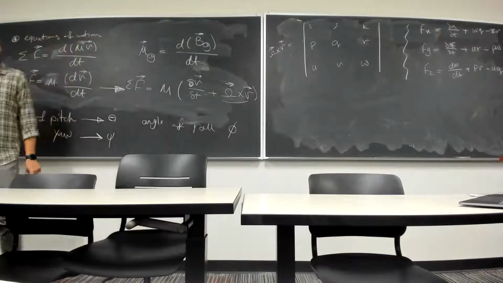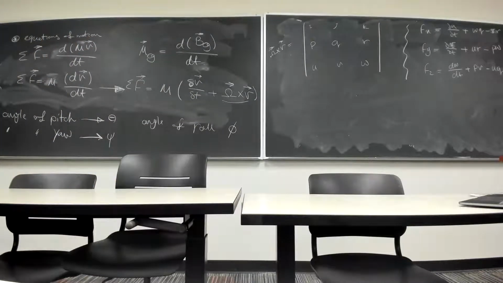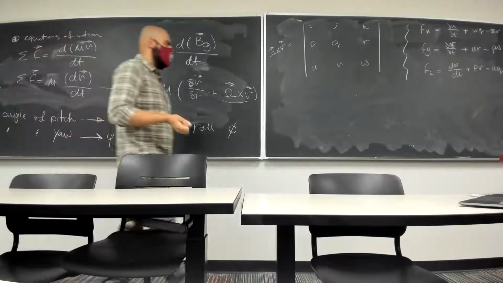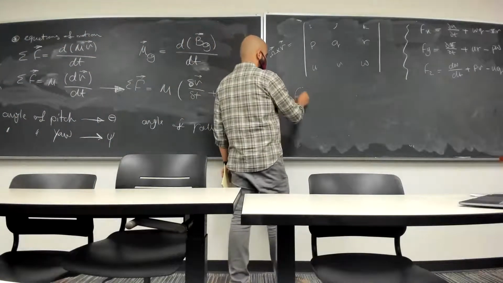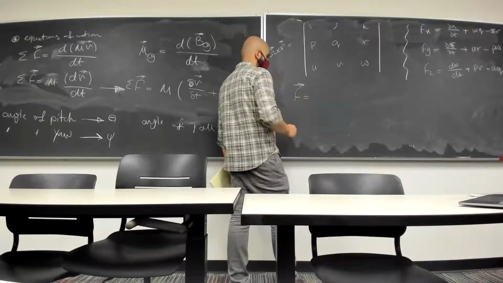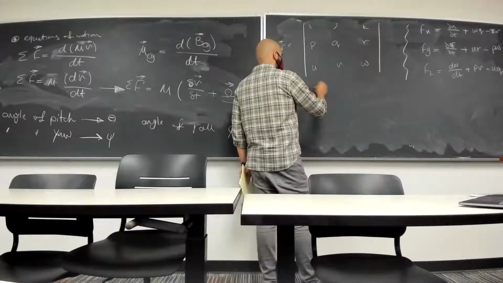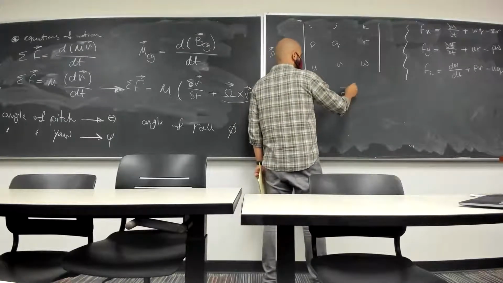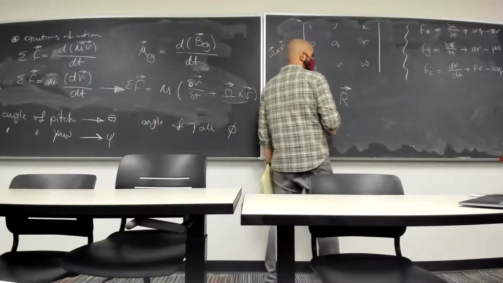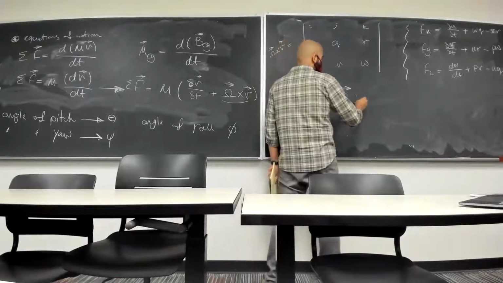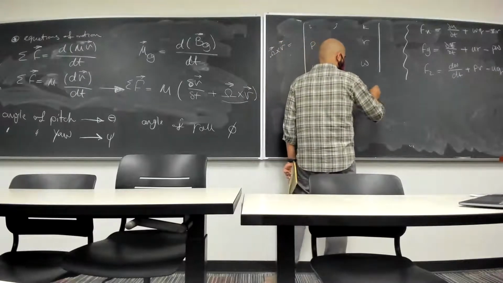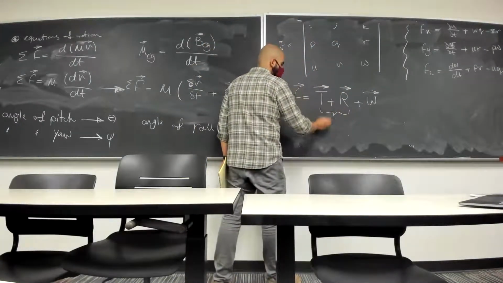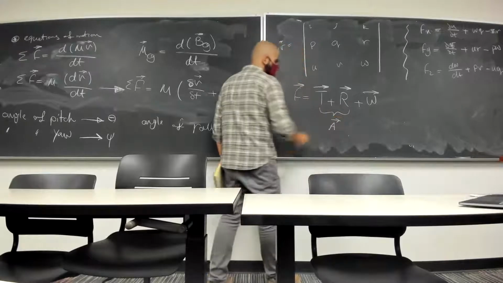We usually call lift and drag the aerodynamic forces, but weight is also a force that is present, but it is not an aerodynamic force. So let's do thrust plus a combination of lift and drag, which we call the resultant force R, plus weight. These two we can combine into aerodynamic forces.